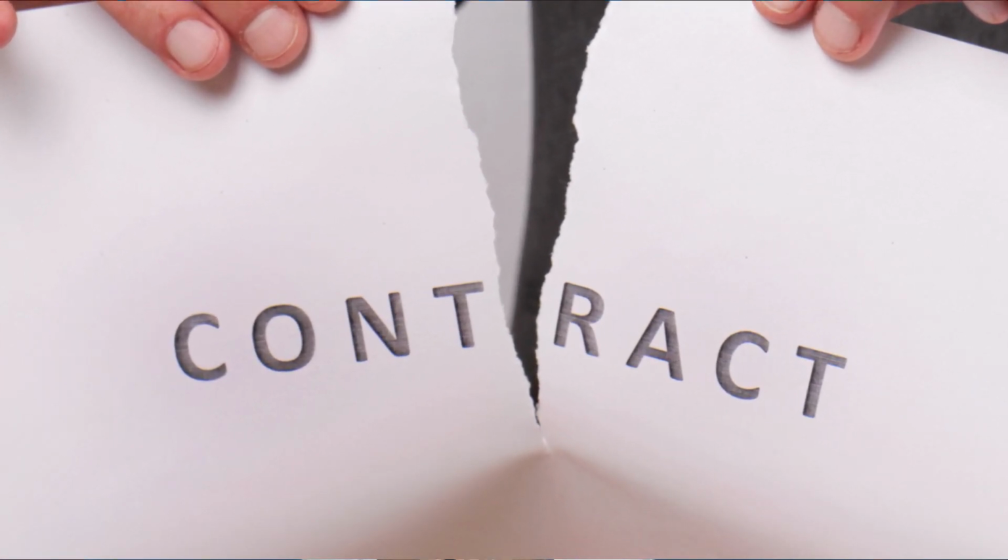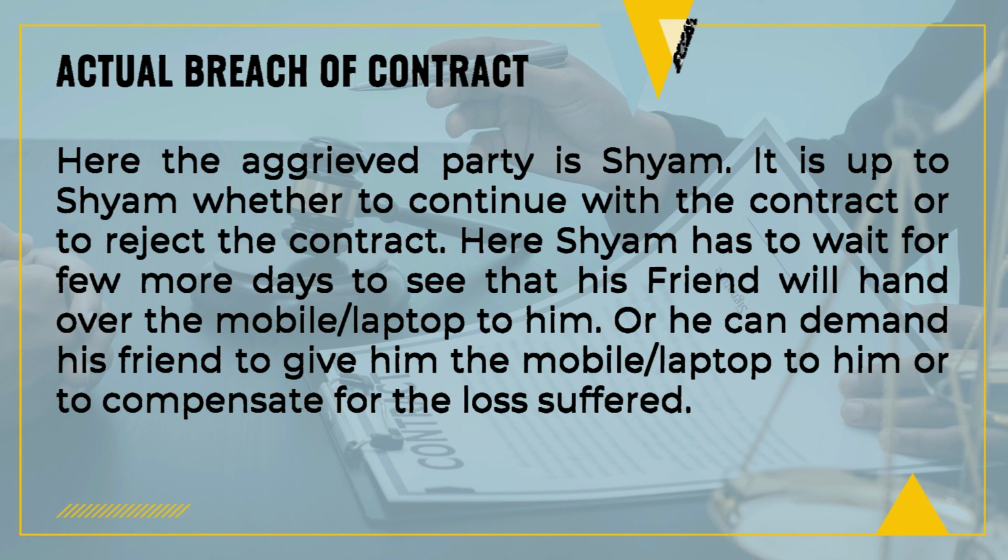In our example of Ram and Shyam, the aggrieved party, the affected party, is Mr. Shyam. It is up to Shyam whether to continue with the contract or to reject the contract.